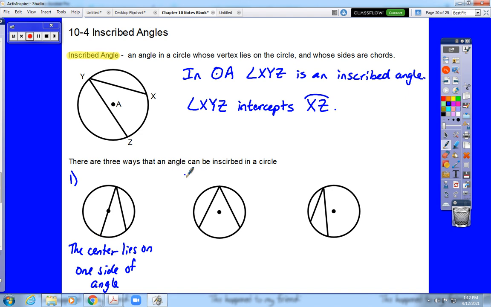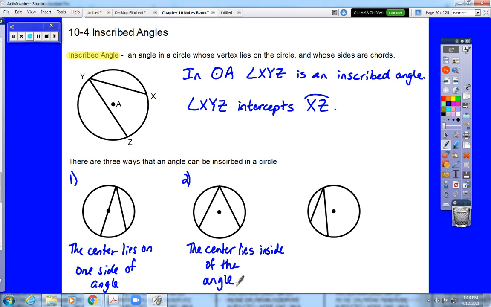The second possibility here is that the center lies inside of the angle. Okay, it's on the interior. And the third is that the center lies outside, or on the exterior of the angle.